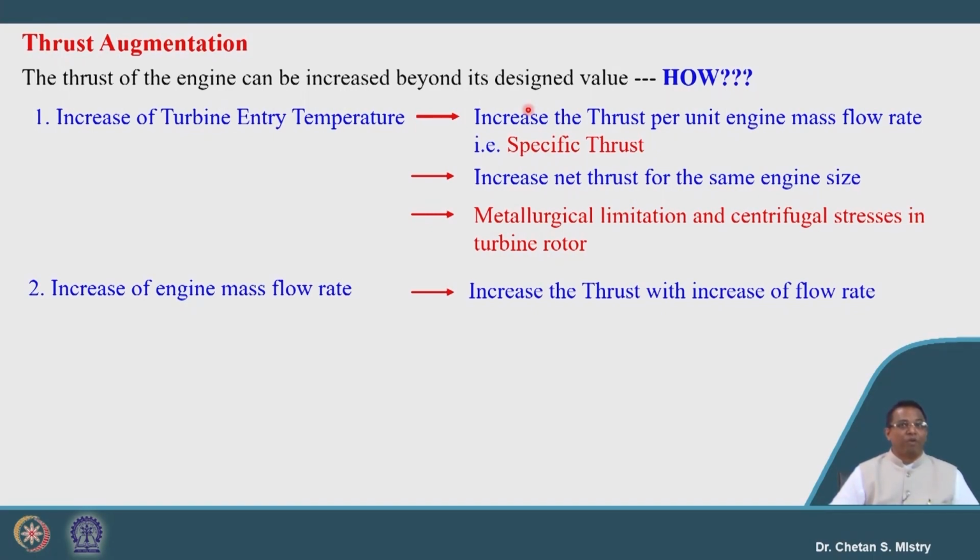But at the same time, with the increase of my engine mass flow rate, the size of the engine will increase, and hence the drag and weight of the engine will increase. So these are the limitations.